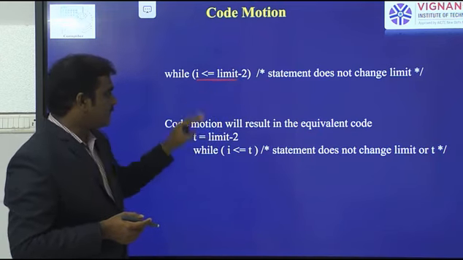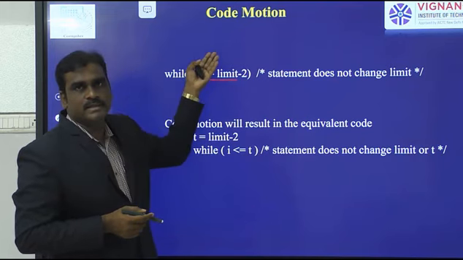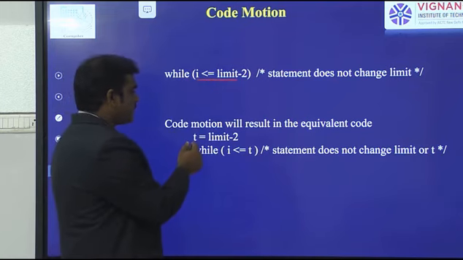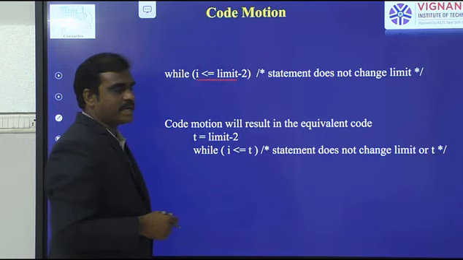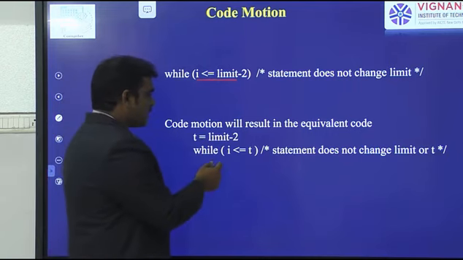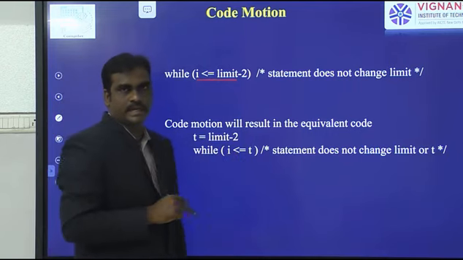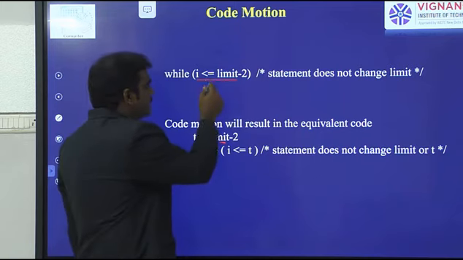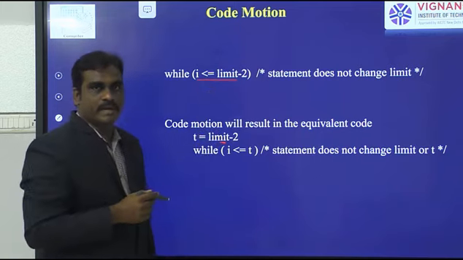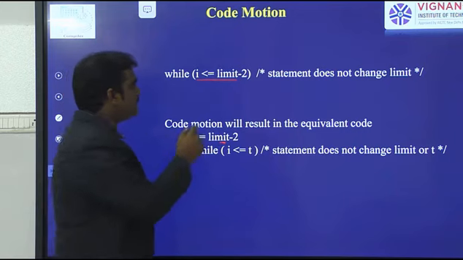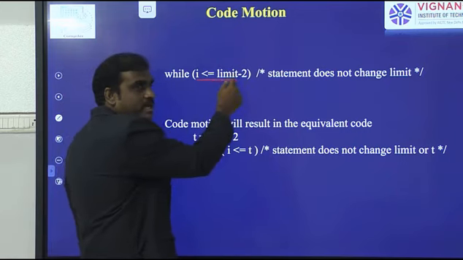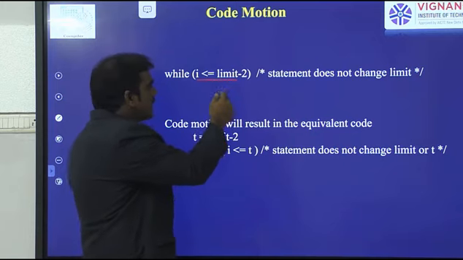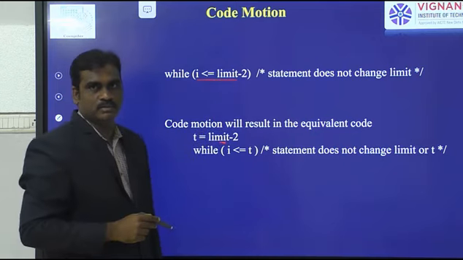At that time, you have to write it outside the block. Suppose take t equal to limit minus 2. So while i is less than or equal to t, it is computed only one time. But whereas in this case, every time the loop is executed, it has to be checked again what the limit value is, and it is reduced by 2.